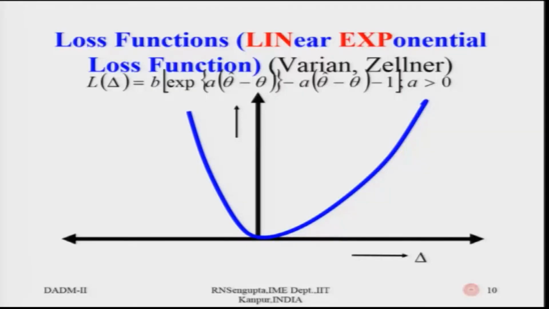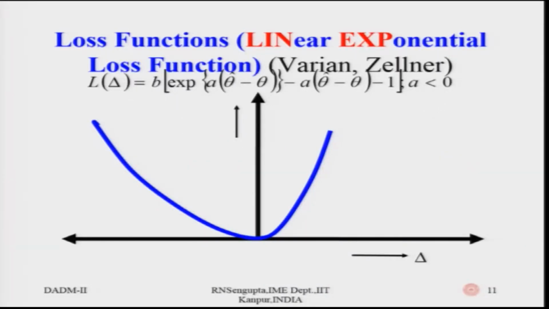Now, let us consider the picture when a is negative, and draw the Linex loss function for both the first quadrant and the second quadrant. Here the loss looks like this.